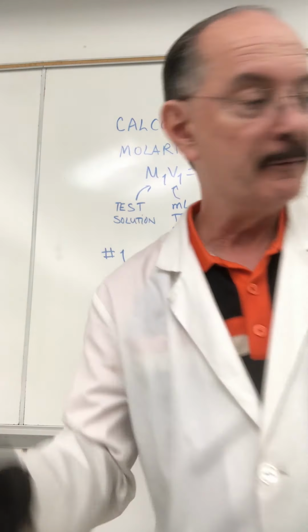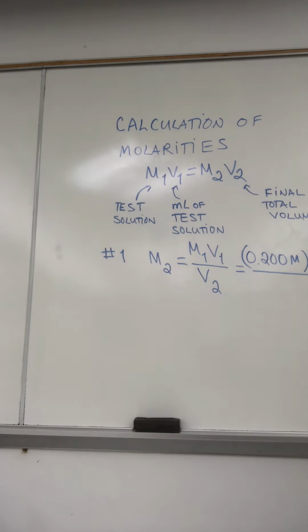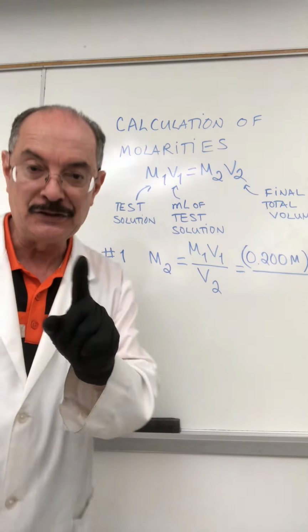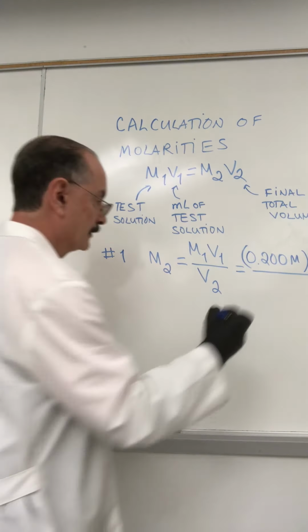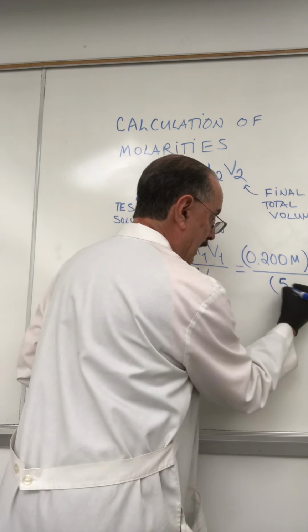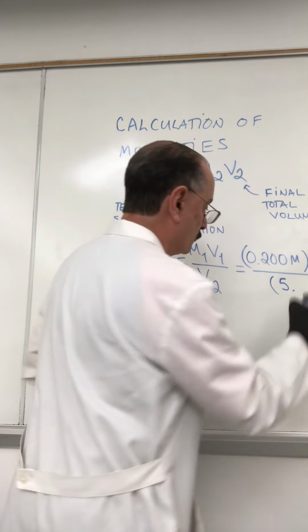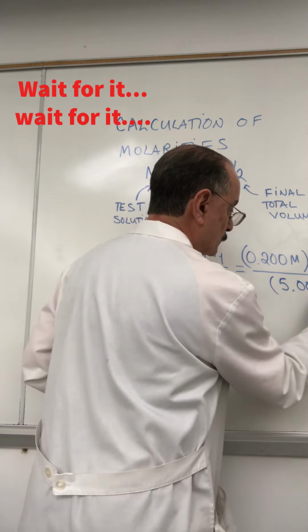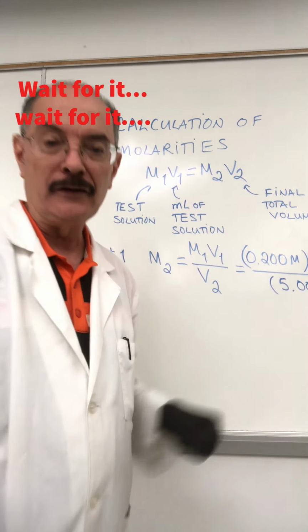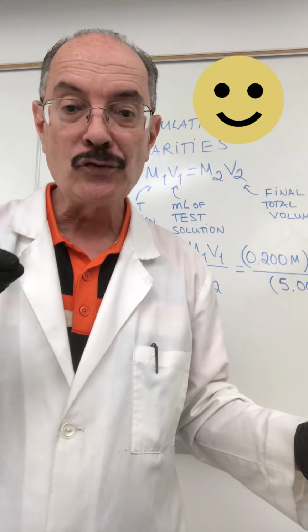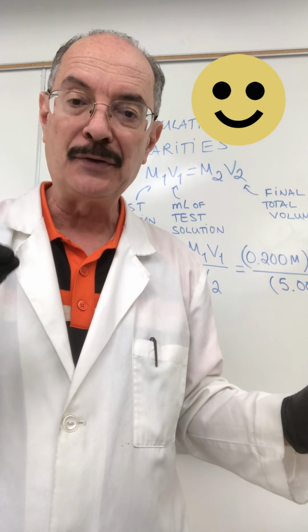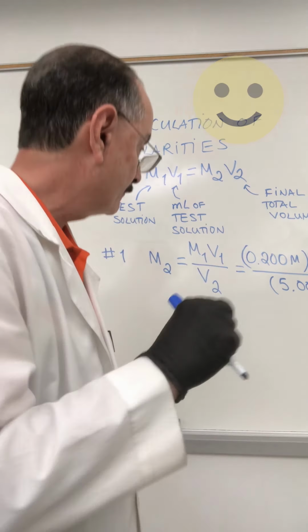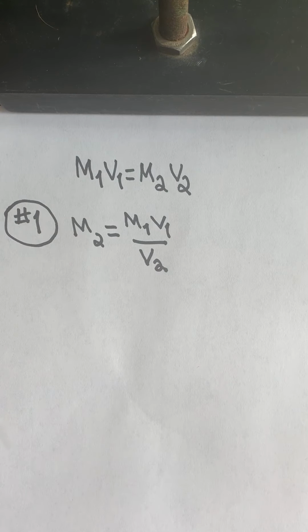We said 5 milliliters, but of course we have to adjust for sig figs, so that would be 5.00 milliliters. Remember that we added these volumes using graduated pipettes, which have a precision of 2 decimal places.